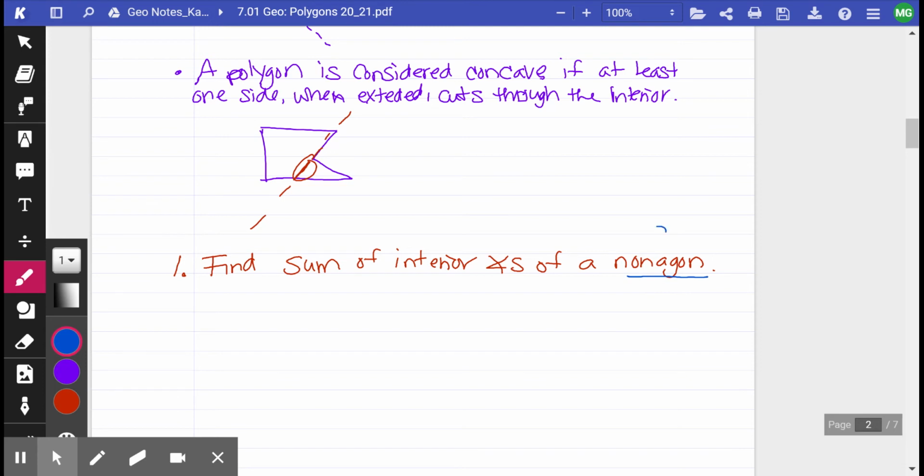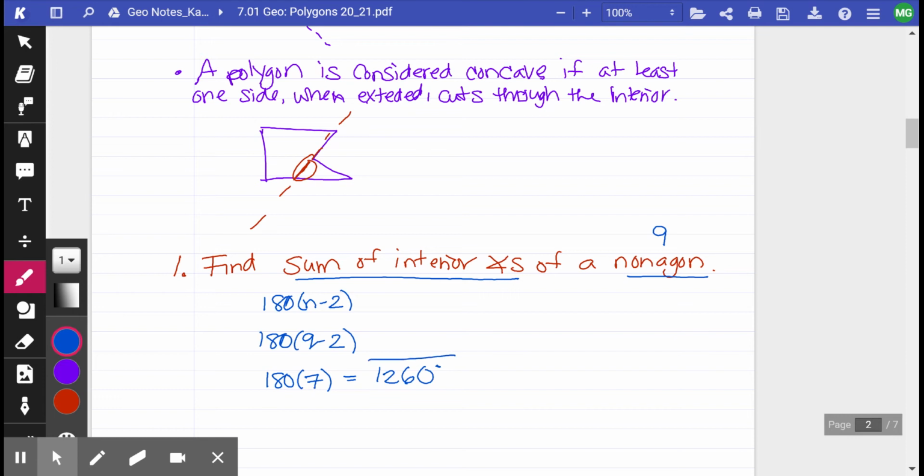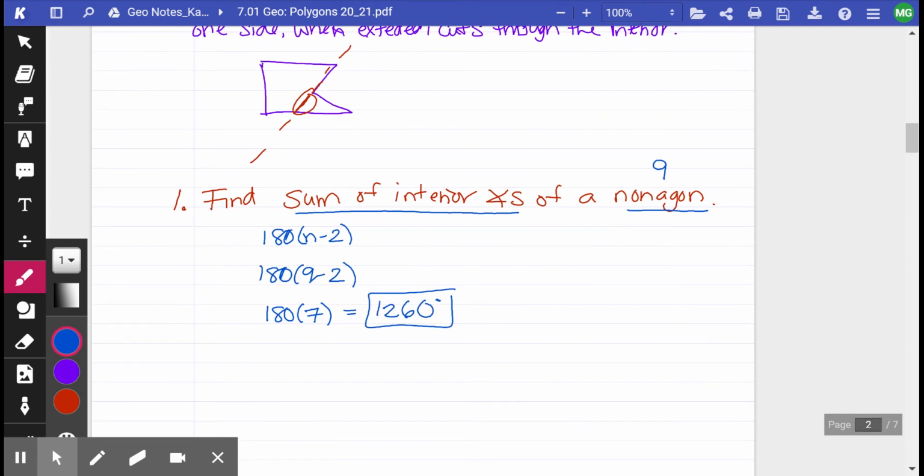So you need to know that a nonagon has 9 sides. We also need to know our formula for the sum of the interior angles. So I know my formula is 180 times n minus 2. I know now I have 9 sides. So I would just substitute in 9 for n, since n is the number of sides. So 180 times 7, which gives me 1,260. So there would be 1,260 degrees in all of the angles combined.